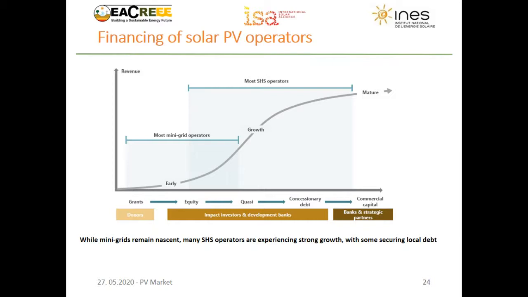But when you look at larger systems, they are still in early stage. When you look at the utility scale and also mini grids, because of the cost implications, some of them require equity investment and also some grants. Some of them also require subsidies. These are issues that most of the governments are still working on to see how best they can provide such support.